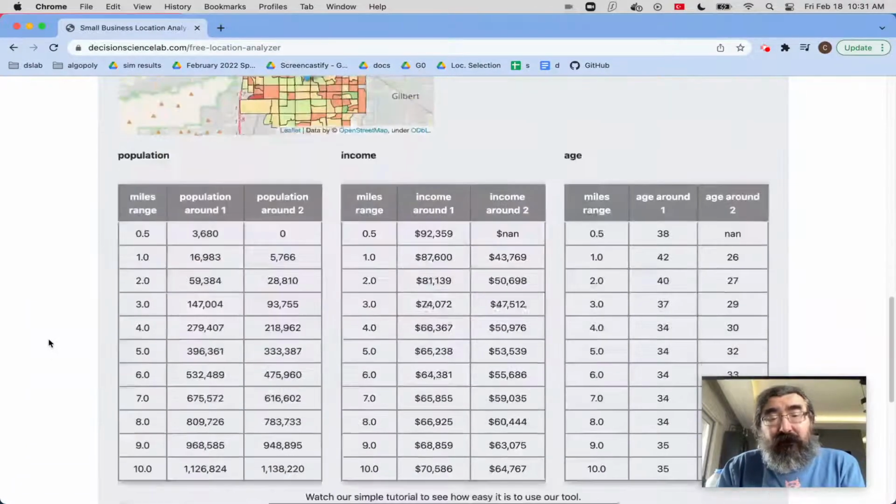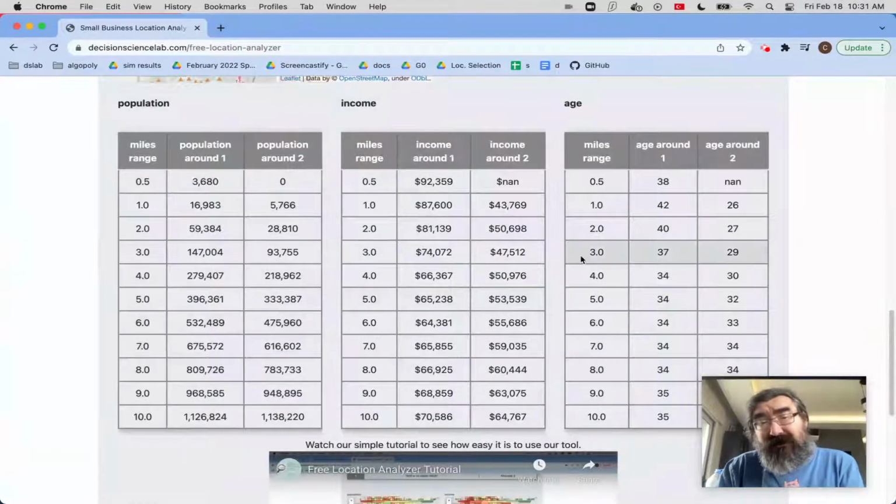And then another thing that we present here is tabular results, and these are the population, again, income and age, within a radius around those candidate locations that we have, right? So within 1 mile, location one has almost three times more people than alternative two, right?